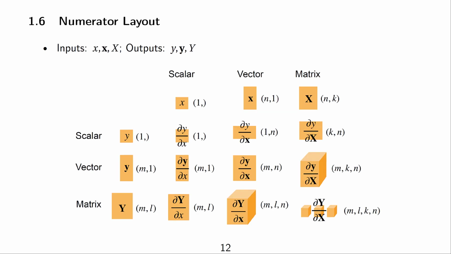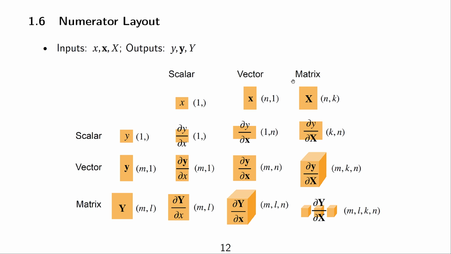So this is an excellent slide I found from some lecture at Berkeley, where the numerator layout is reviewed, but it's also extended to inputs that are tensors of higher rank. So again, as a short comment, a scalar we consider as rank 0 tensor, vector rank 1 tensor, matrix rank 2 tensor.